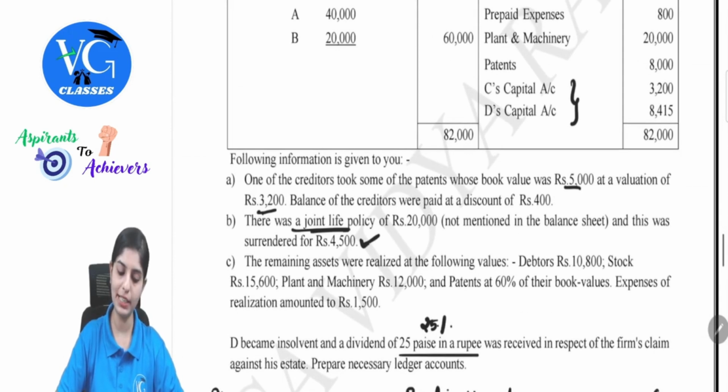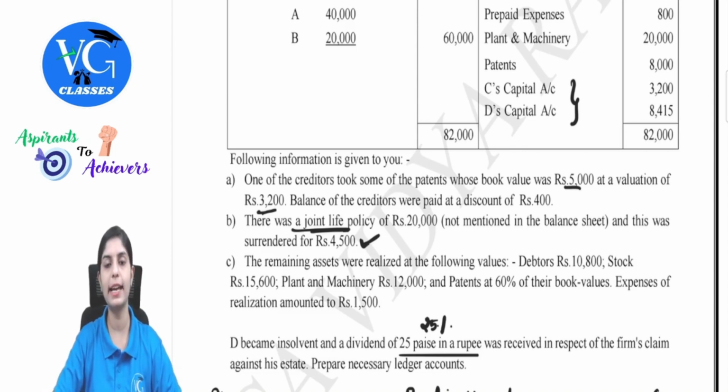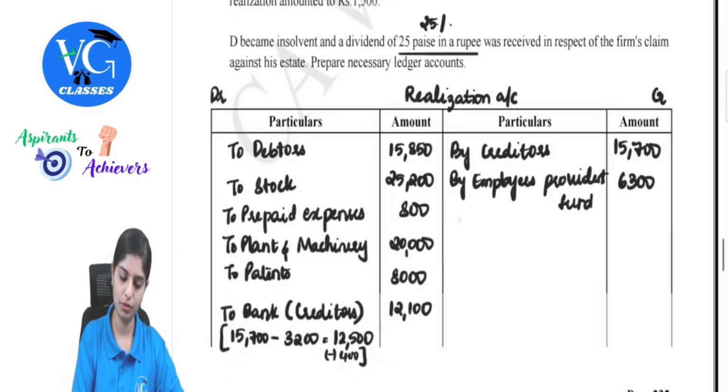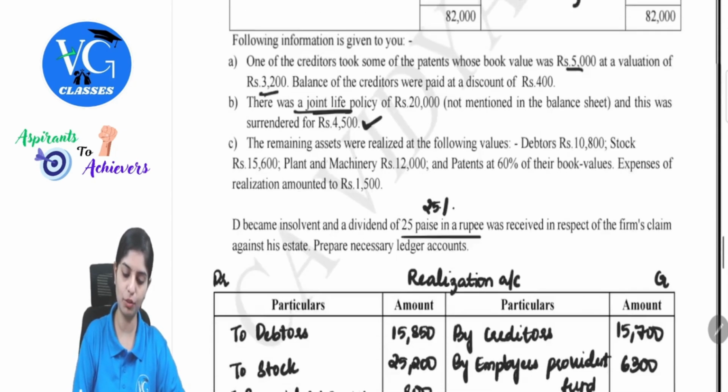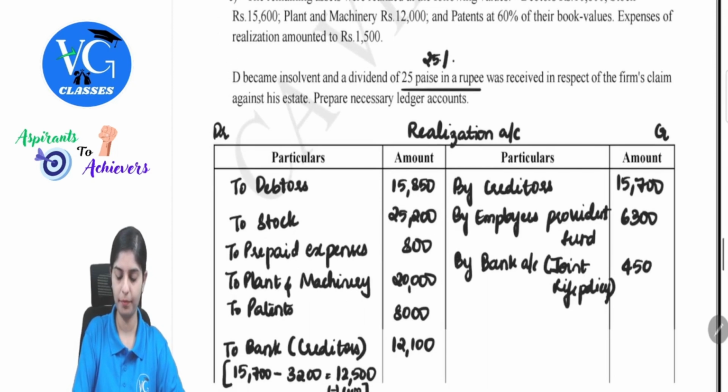Next, there was a joint life policy of 20,000 and this was surrendered for 4,500. So this is nothing but your income. When you receive the money on surrender, the entry would be bank account debit, to realization. So by bank, joint life policy, this is 4,500.